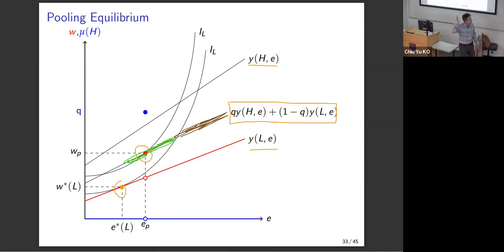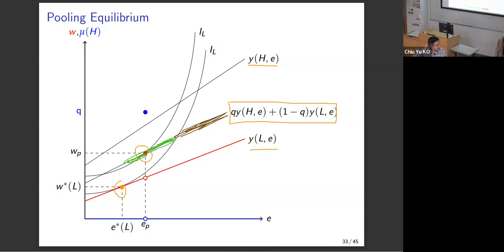And for the low type, you just want to make sure he would not try to go away. As long as it's in the green region, that's fine. Of course, if you move the green region, then adjust the equilibrium path. Anything is fine.